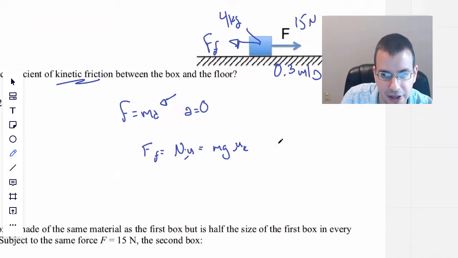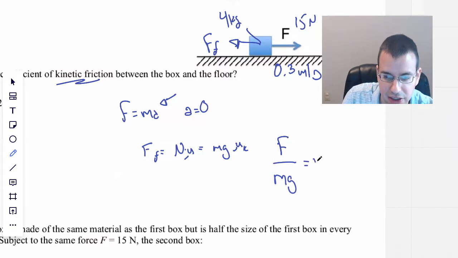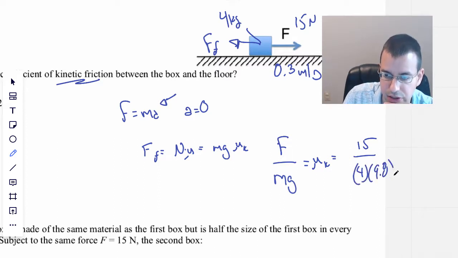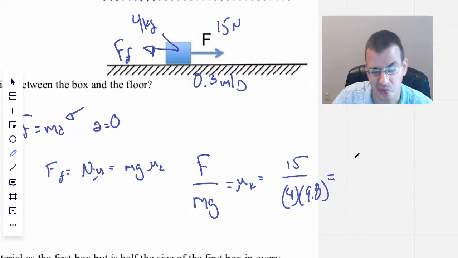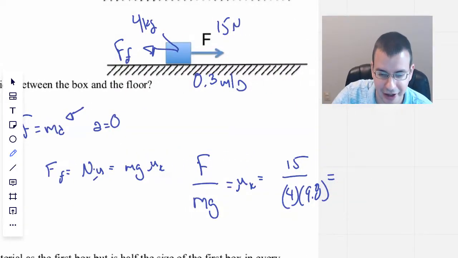So this will be force divided by mass times gravity equals mu k, which is 15 over 4 times 9.8. So this is 15 divided by 40. Yeah, I'm not going to do that in my head.